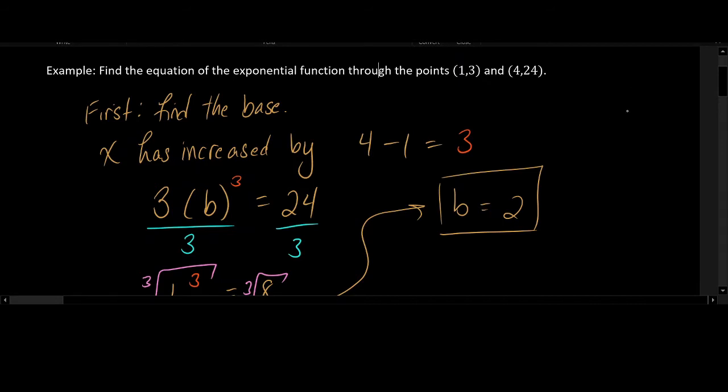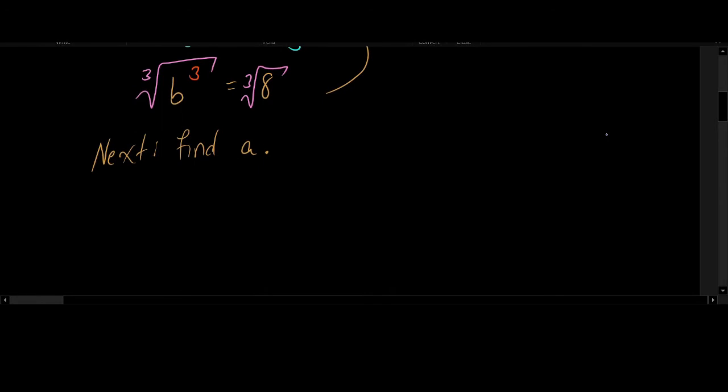And in order to calculate a, you need 2 ingredients. The first ingredient that you need is one of the 2 points, whichever one is your favorite. And you're also going to need to use the b value.